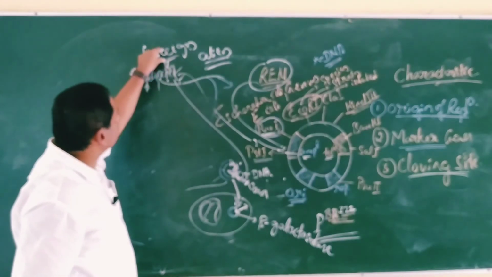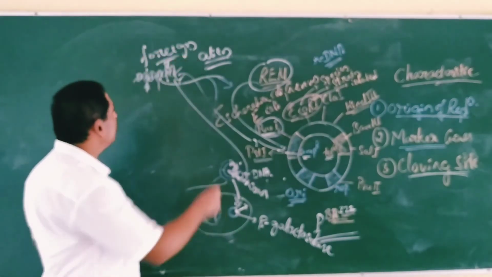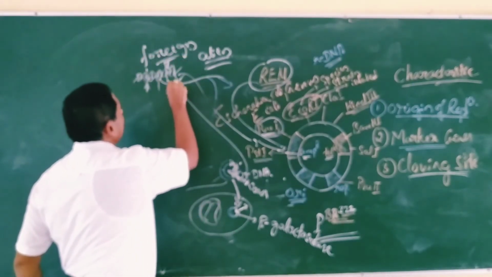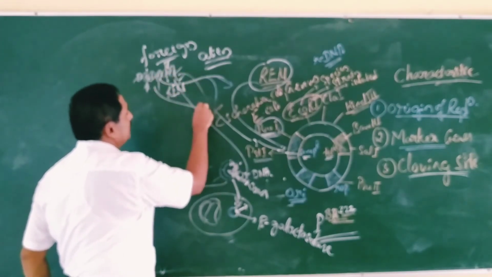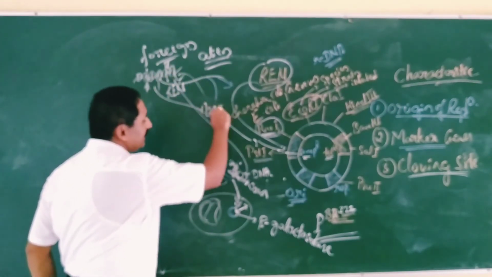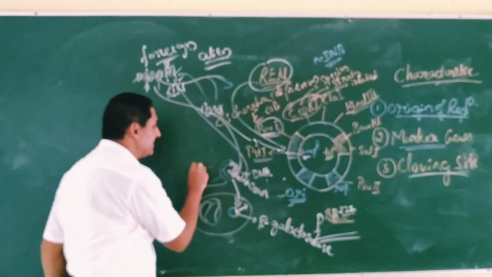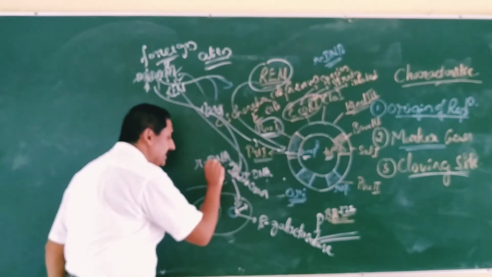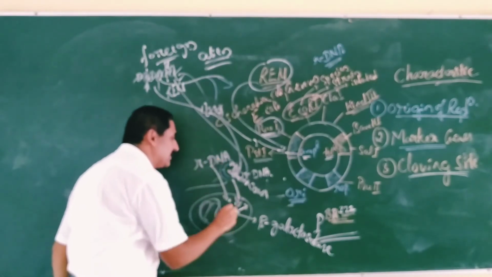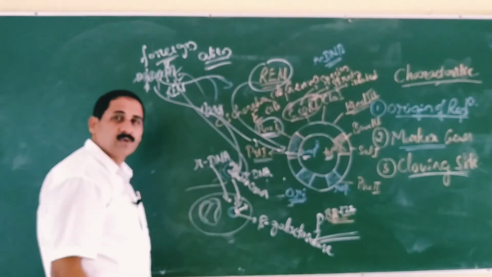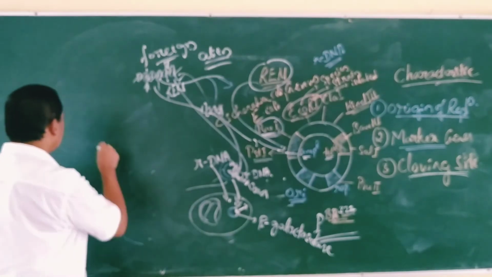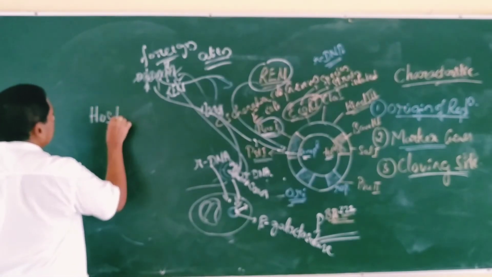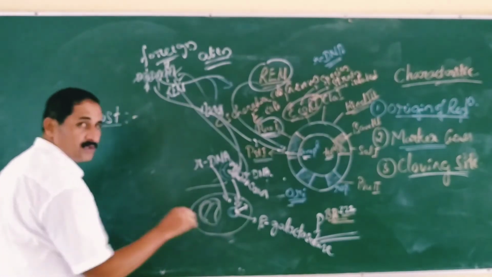You can identify a specific foreign DNA or alien DNA, isolate it by using REN, cleave out the double-stranded DNA, and insert it into a plasmid vector. This is the rDNA, recombinant DNA. Then you can introduce the rDNA into the host. How to introduce the rDNA into the host?